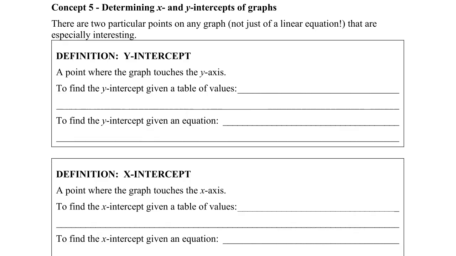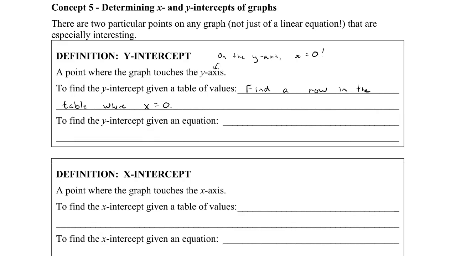It's a point where the graph touches the y-axis. And remember that on the y-axis, x equals 0. And so that's how we're going to find our y-intercept. If the information we're given consists of a table of values, to find a y-intercept, we're just going to find a pair where the input value is 0.